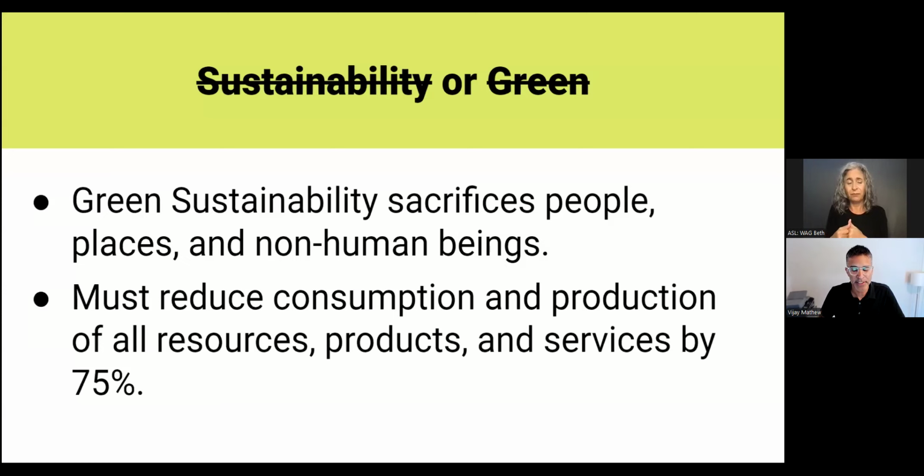In a study conducted by degrowth researcher Jason Hickel, published in the Nature journal, the conclusion was that we in the high energy, high consumption countries of the US, the UK, and the European Union need to reduce our consumption and production of all resources and products and services by 75% in order to live within planetary boundaries, which means to live within our fair share of the resources that are available to all of us.